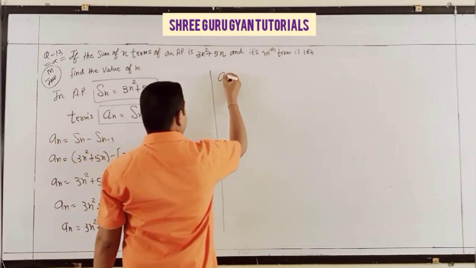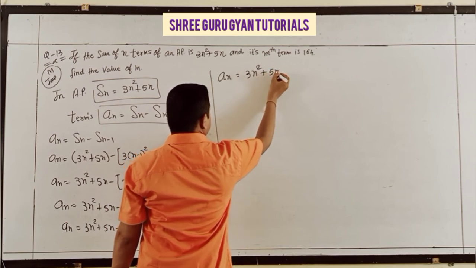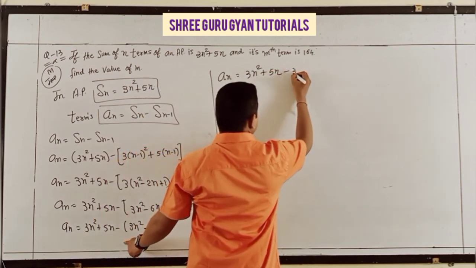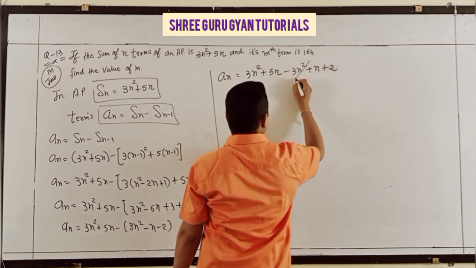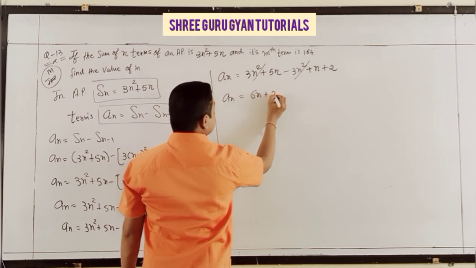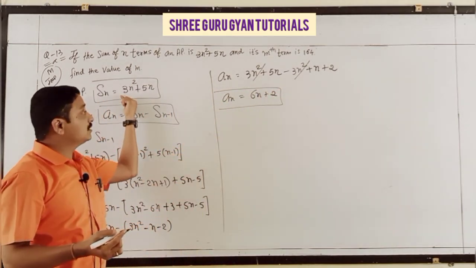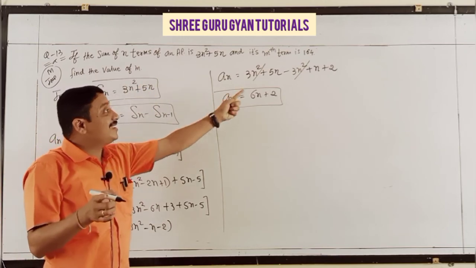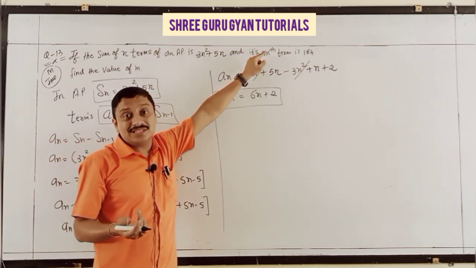So an equals 3n square plus 5n, another minus 3n square plus n plus 2, that is finished, and your nth term is ready: 6n plus 2. Now I get the terms, and the nth term is given as 164.